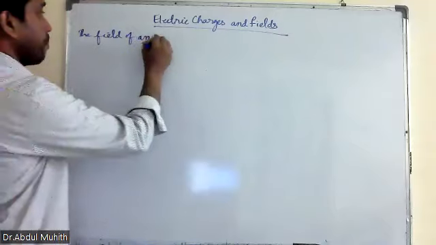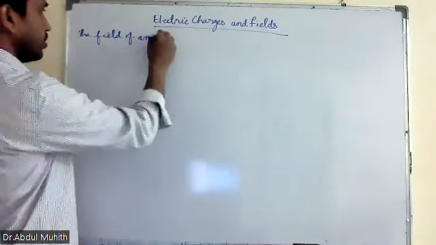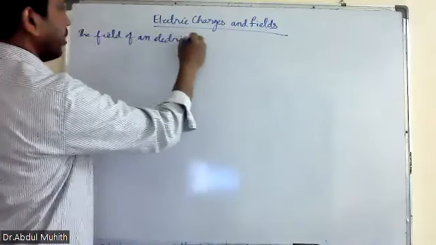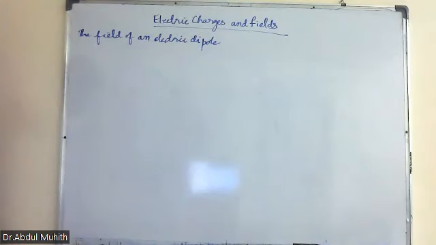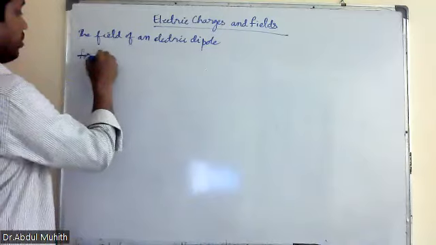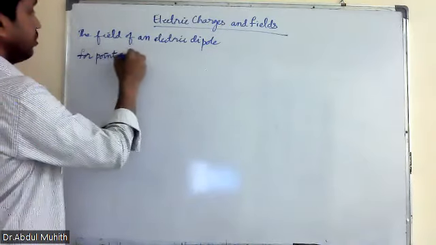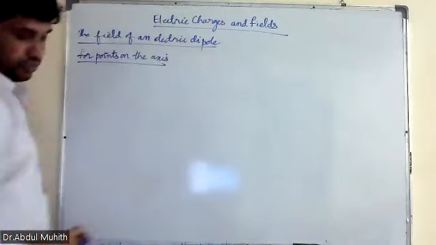I think before that electric flux comes, right? It's okay, that I will teach later on, after this. Electric dipole, the field of an electric dipole for points on the axis.